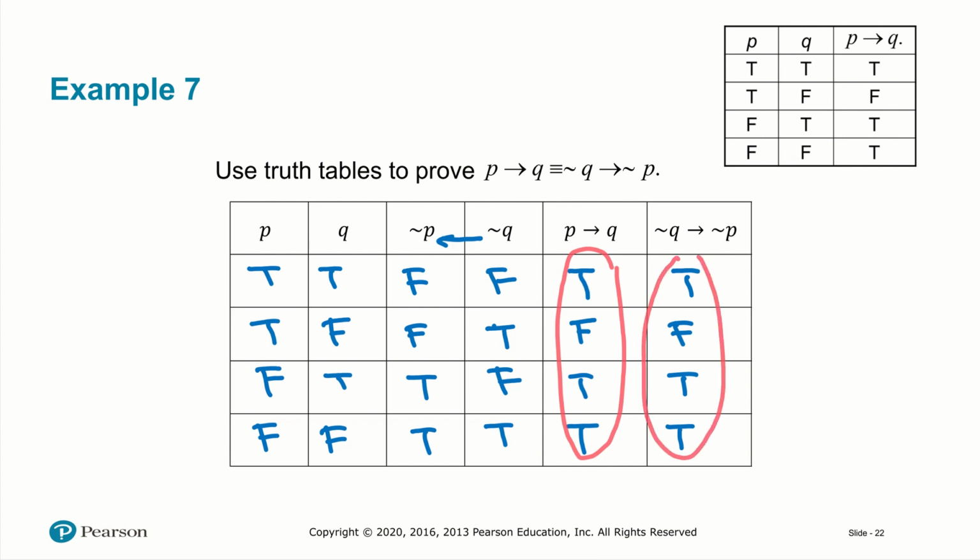This is how you prove logically that two statements are what we call equivalent, because their truth table values are identical. And that's how it's done. So make sure you understand this simple but very important example. Take as much time as you need before we proceed.